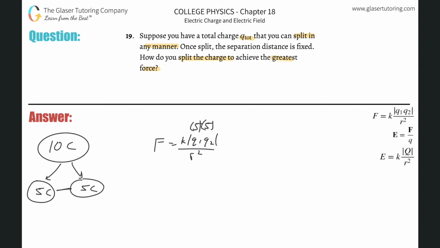Simply take whatever value you want for the coulomb value, do 100 and split it however you like, and you'll realize the equal split will give you the maximum force. We don't have to enumerate all the possibilities. We can understand the nature of things, and there's a pattern there. So the answer is, how do you split it? You split it evenly, and it's literally as simple as that.